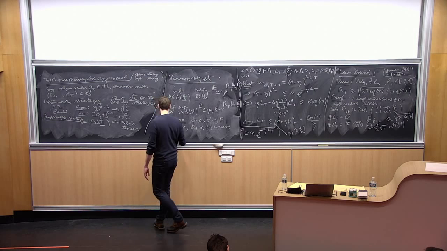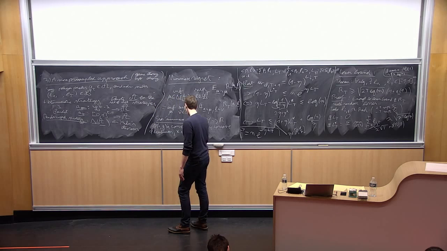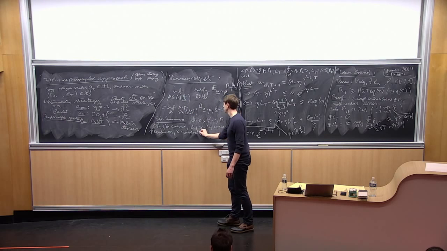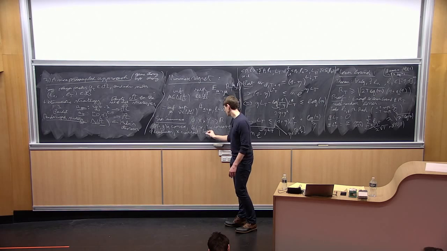Let's say X is compact. And then you can swap the inf and the sup. Then what you get is the inf over x in X of sup over y in Y of phi(x, y).